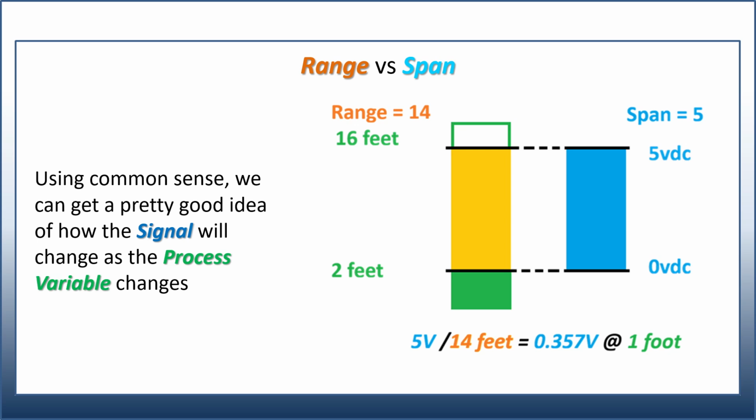So if we take the 5 volts and divide it by 14 feet, which is kind of weird, we don't do that in Ohm's law, but if we take 5 and divide it by 14, we end up with 0.357, and that would be volts, because we're looking at the signal. So for every foot the water goes up, the signal should increase by about 0.357 volts. And every time it goes down a foot, it should go down about 0.357.